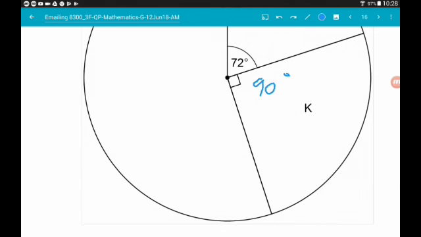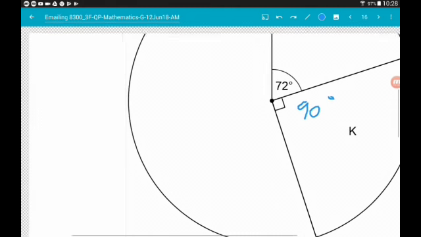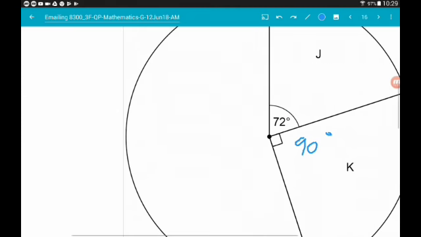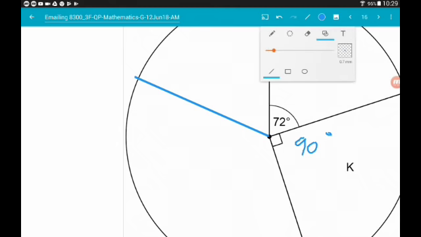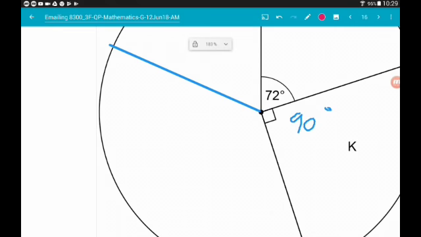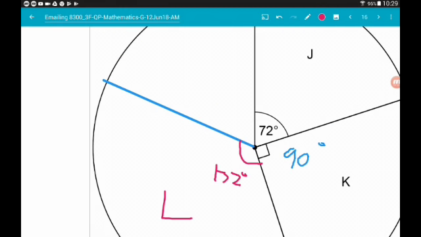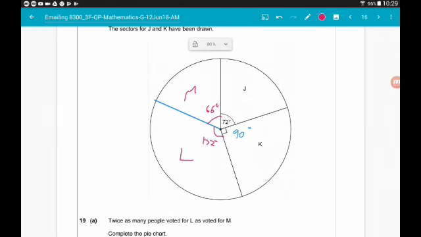And then we want to measure 132 degrees. So that is going to look roughly like that. So then, don't forget to label the pie chart. Cool. So that is our pie chart.